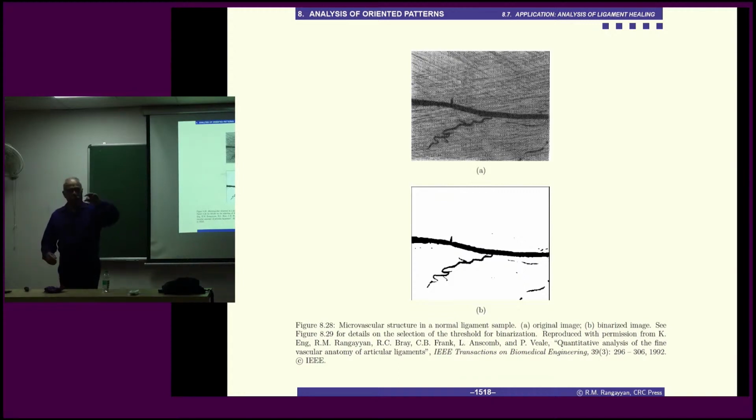Now we should note that in the ligament, the blood vessels go in all directions. And if you slice them, blood vessels would have gone through multiple slices. And when you cut them, you get just a cross-section of the blood vessel in a given slice. So you will get some artifacts like this. And blood vessels may not go vertically across the slices, but they will weave in and out.